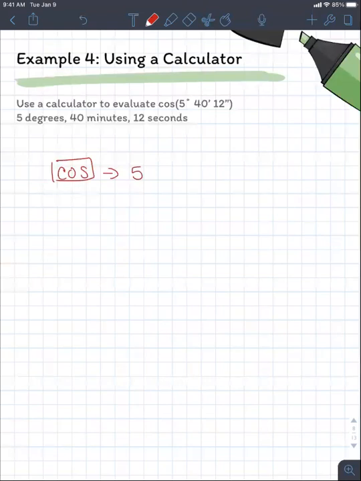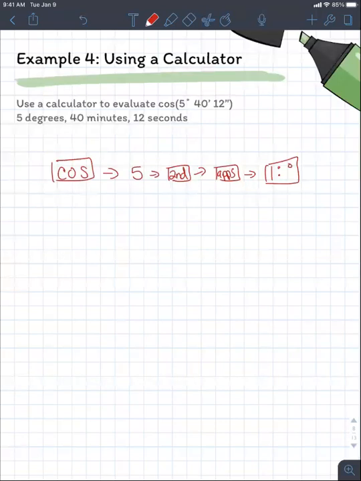Okay. So we have cosine 5. Then we're going to press the second button. Then we're going to press the apps button. And then we're going to press option number 1, which is an angle. So far, so good. We're not done typing it.